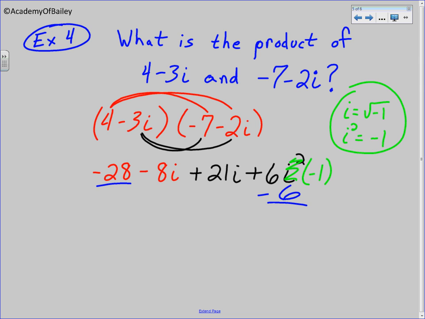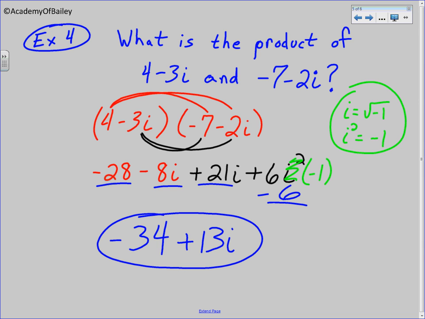Negative 28 minus 6 should be negative 34. Negative 8 plus 21 is a positive 13i. And there you go. It's in standard form. Negative 34 plus 13i.